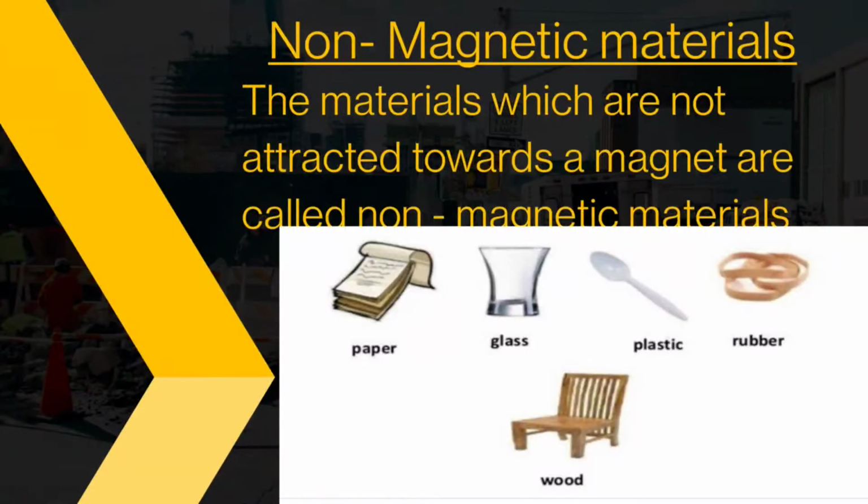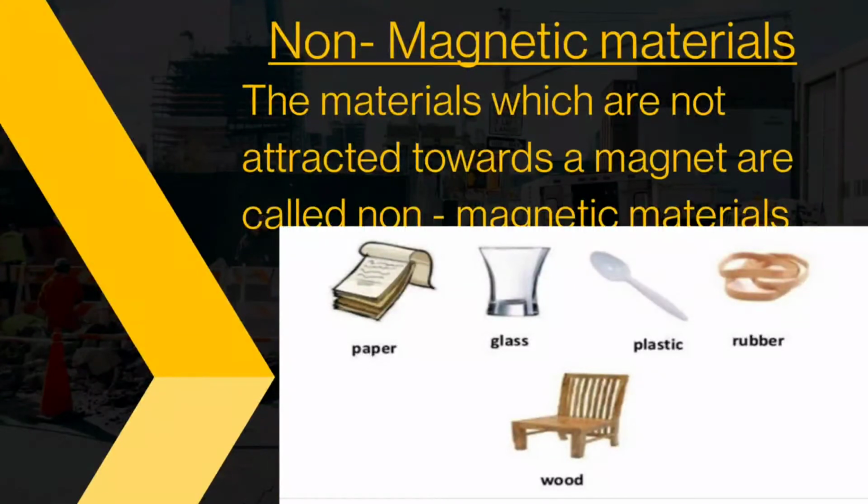Here I am telling you about materials, but now some objects, meaning objects made up of materials. For example, an iron ball is made up of iron, so it will be attracted by the magnet; it is a magnetic material. A scale is made up of plastic, and plastic is a non-magnetic material, so it will not be attracted by the magnet.